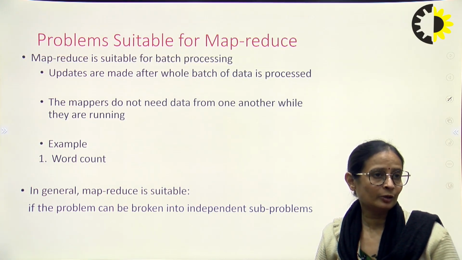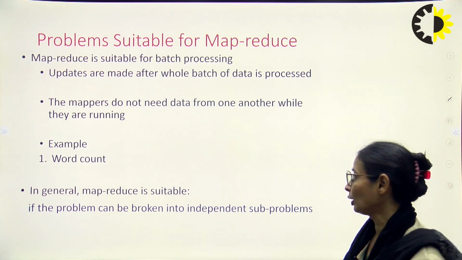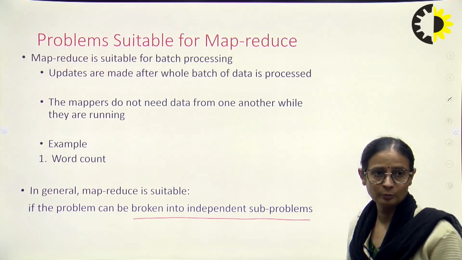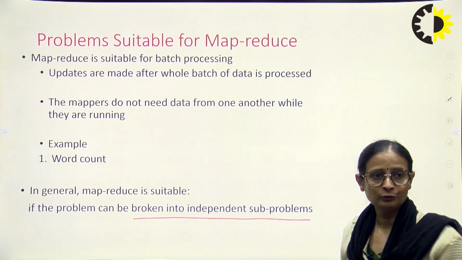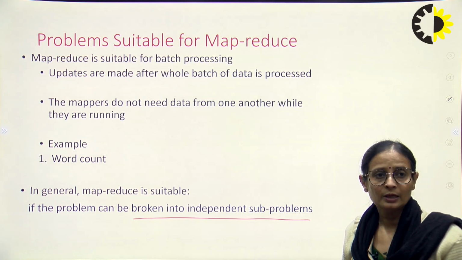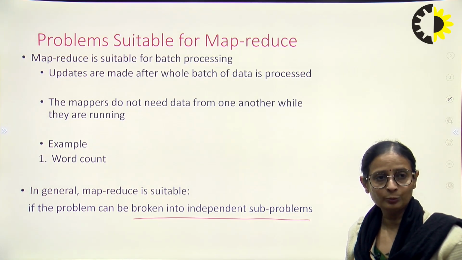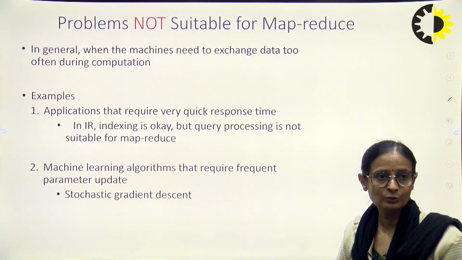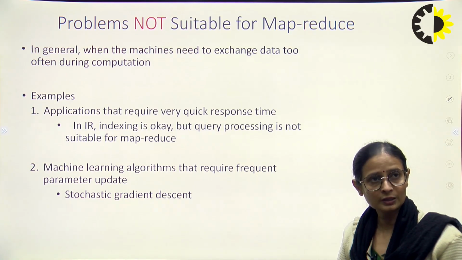For example, we have seen the word count. In general, MapReduce is suitable if the problems can be broken down into independent sub-problems, and the output of one sub-problem is not acting as an input to another sub-problem. They are totally independent. So there we can use the MapReduce framework easily.